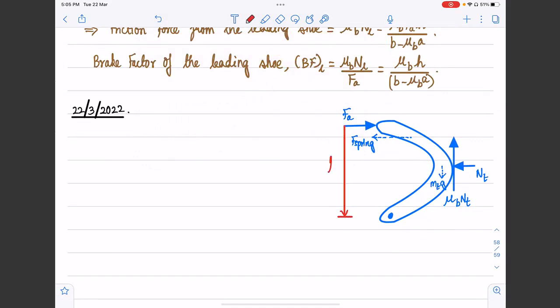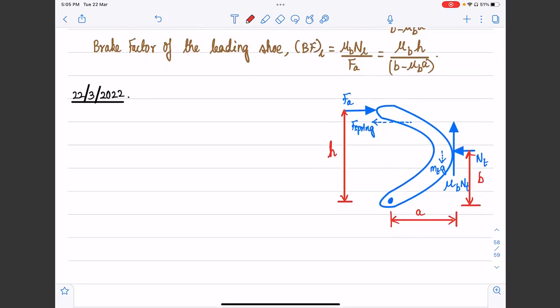And the distance from the pivot to the point where the friction force is acting, let's call that distance A, and the distance from the pivot to the place where the normal load acts, let's call that B. Okay, so these are things which you are already familiar with. So this is the free body diagram of this trailing shoe.